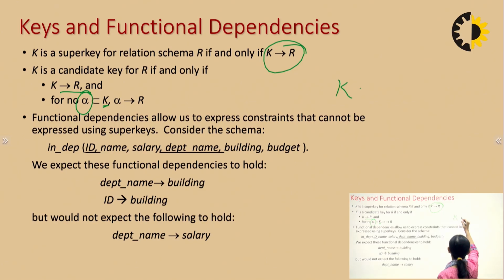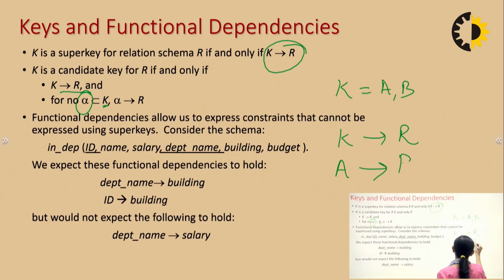Suppose my K consists of two attributes A and B, so I have K implies R. If suppose K implies R and also A implies R, then K can never become the candidate key. Functional dependencies allow us to express constraints that cannot be expressed using superkeys.